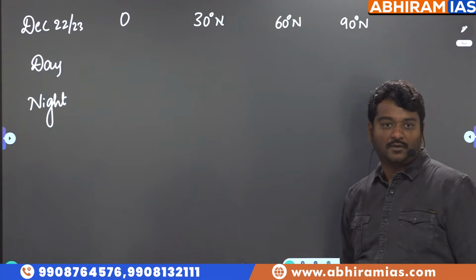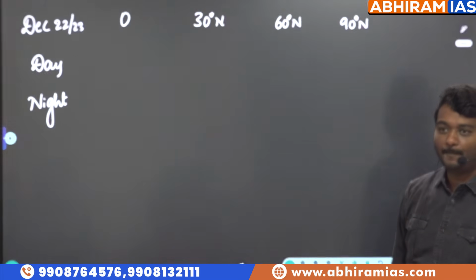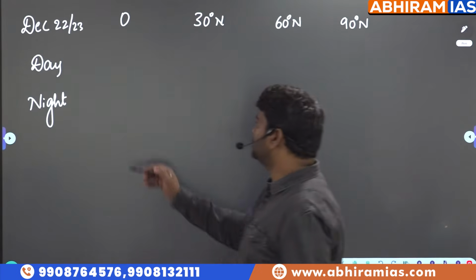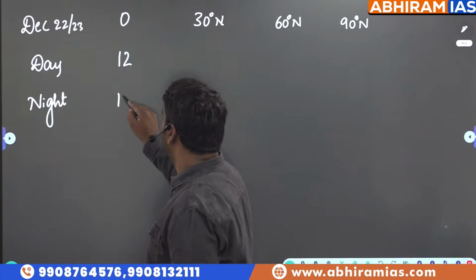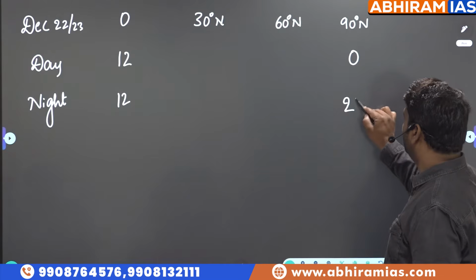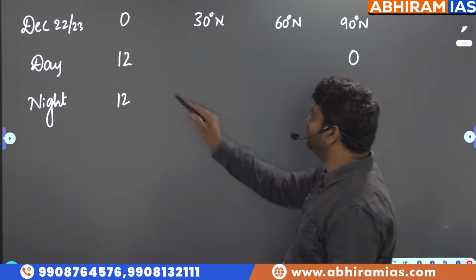Can you try now? What would be the time? December 22nd or 23rd? Equator. Equator, I told you. What is the case with equator? Always 12 hours. Can we say near North Pole it will be 0? 24. That means it decreases.